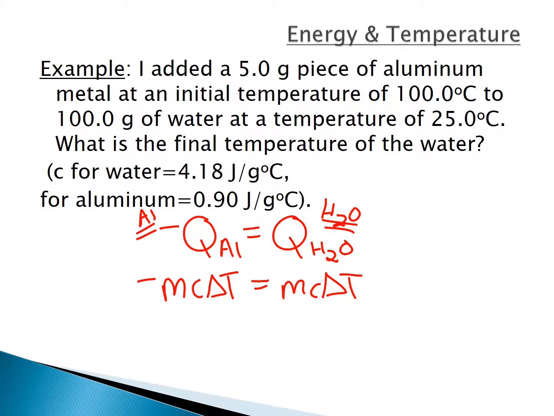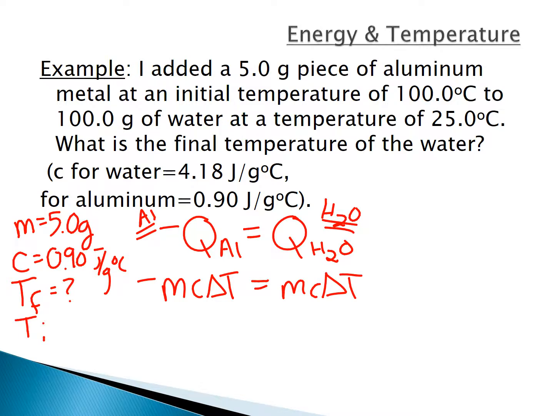So what I'm going to do is on each side, define the variables. So for aluminum, I know that its mass is 5 grams. I know its specific heat is 0.9. I don't know its final temperature, because that's what the problem's asking me to find. And I know that its initial temperature is 100 degrees Celsius.